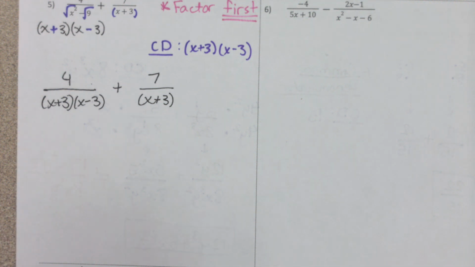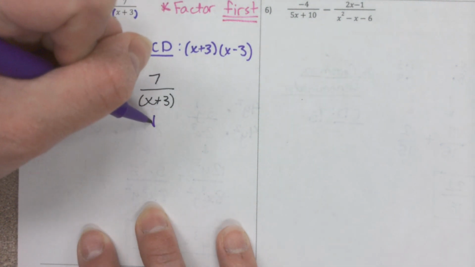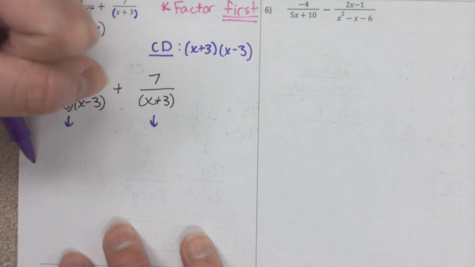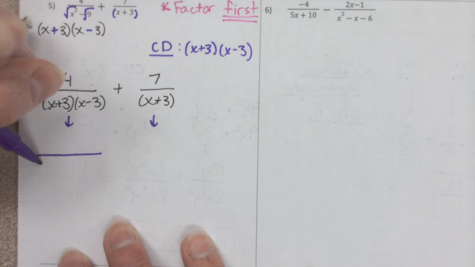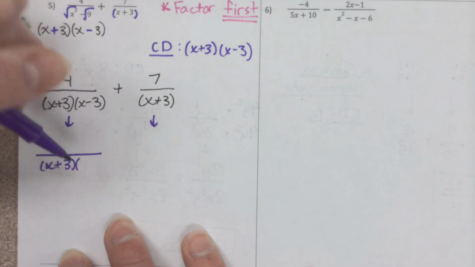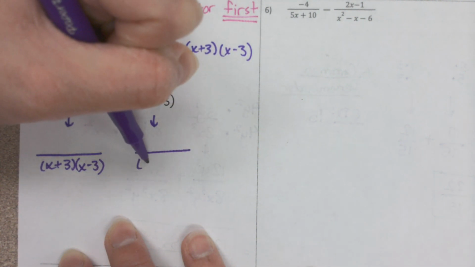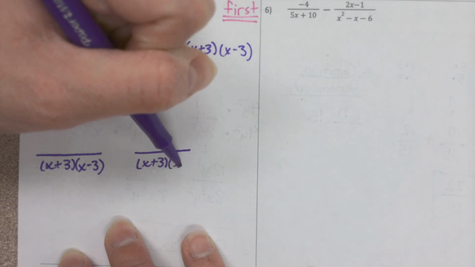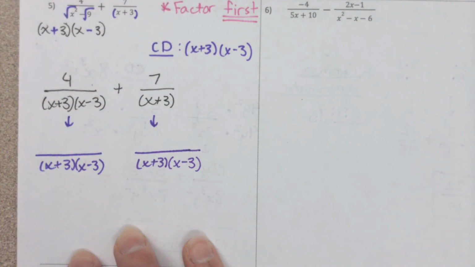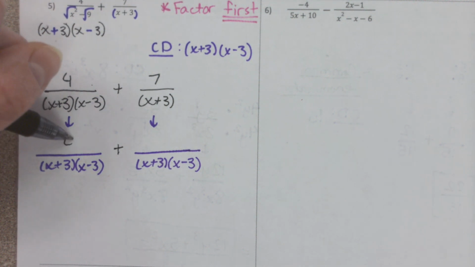I'm going to create the new fractions that I'll make in just a moment. Common denominator, x plus 3, x minus 3. Bring down the plus. The first fraction is going to stay the same.